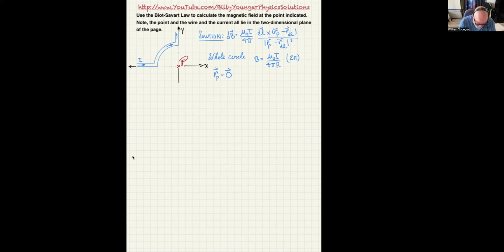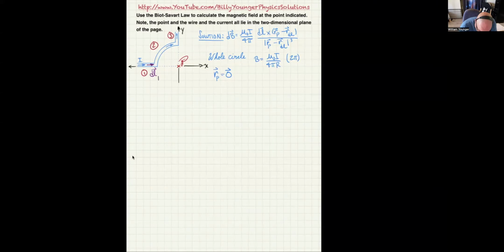Now I've also got to break it up into three parts. I'm going to label this part 1, this part 2, and this part 3, and we're going to work out exactly what rp, r_dl, and dl are in each of those cases. If you've taken the time to look at my example 1 and example 2, you probably already have some sense of how to go about calculating dl. I will draw them here and not put as much work into it as in the other examples. For part 1, I'm going to have a dl vector that points this way.